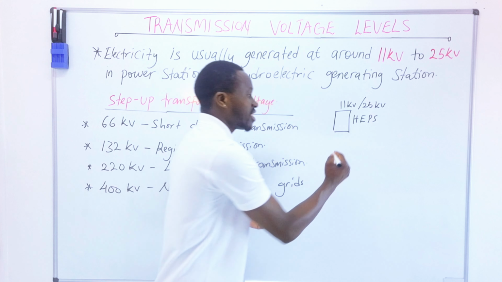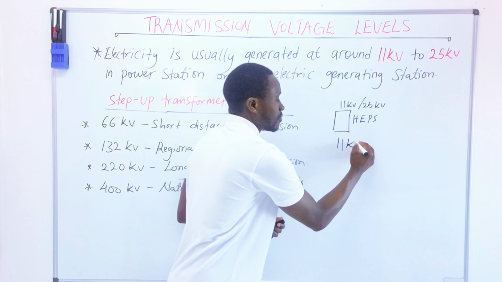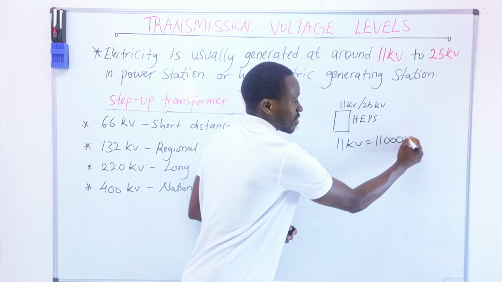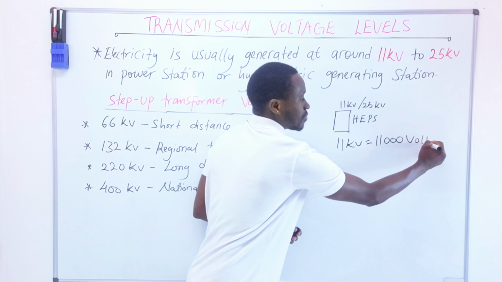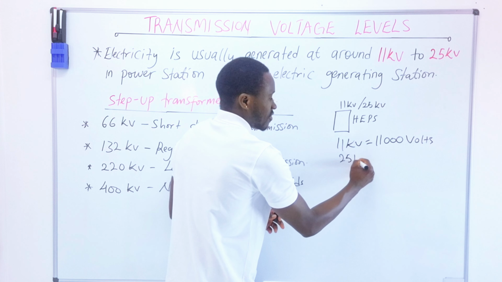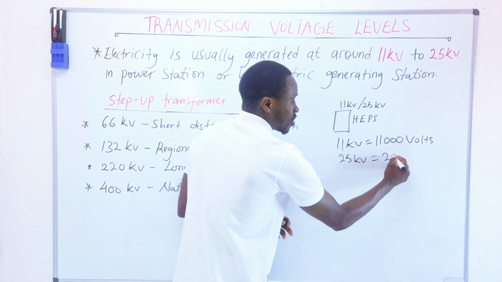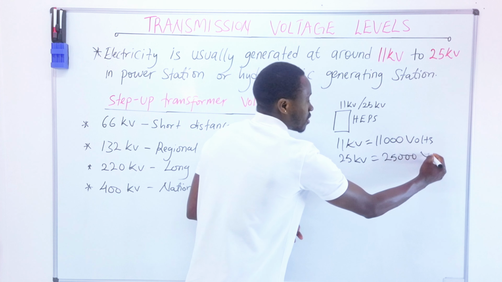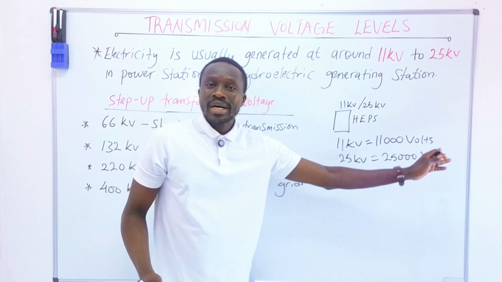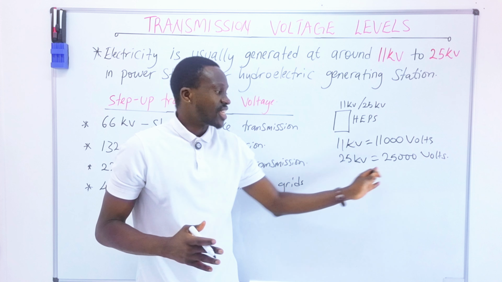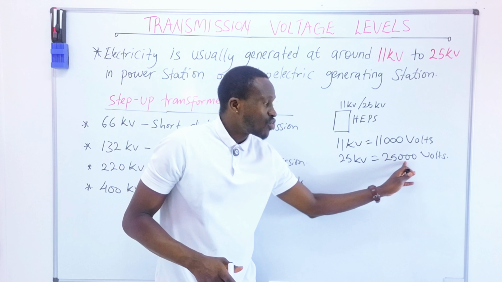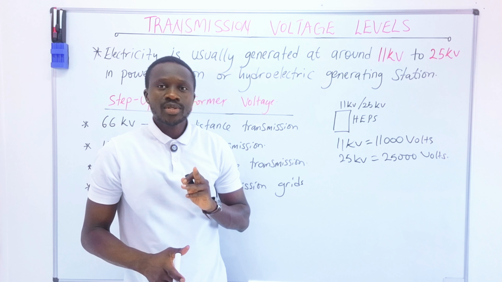And once you hear it, 11 kV is 11,000 volts. 25 kV is 25,000 volts. Now, this is too much voltage, which is okay. This is high voltage, but we need to step up this voltage.